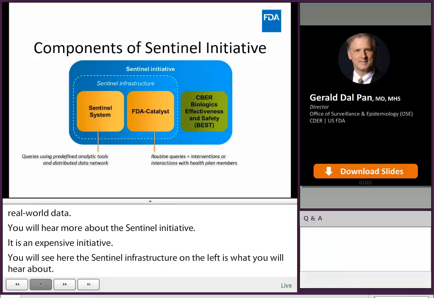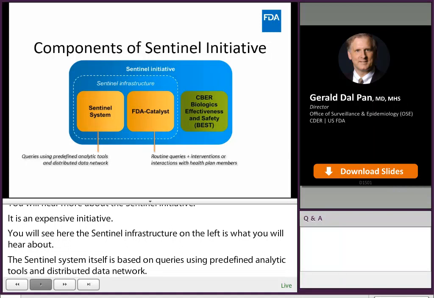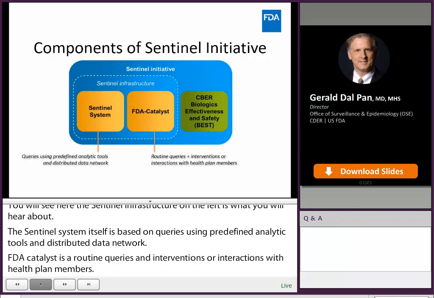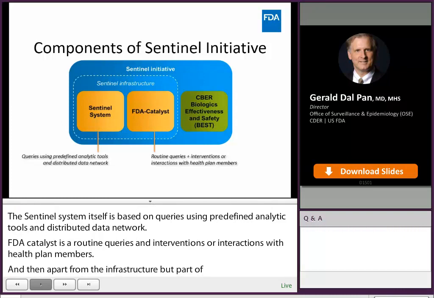FDA Catalyst is routine queries and interventions or interactions with health plan members. And then, apart from the Sentinel infrastructure, but part of the Sentinel Initiative, is the BEST system, the Biologics Effectiveness and Safety system, that our colleagues in CBER, the Center for Biologics Evaluation and Research, run.